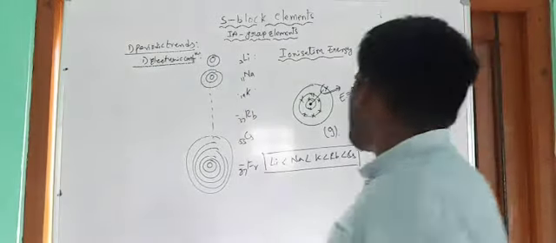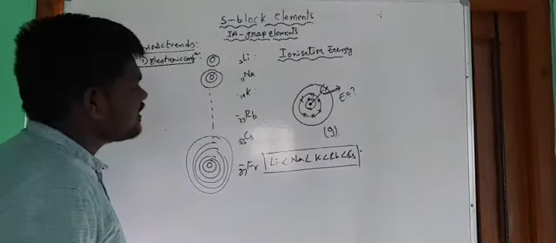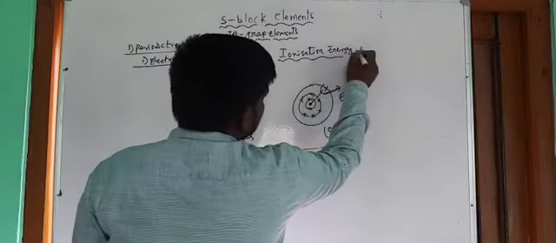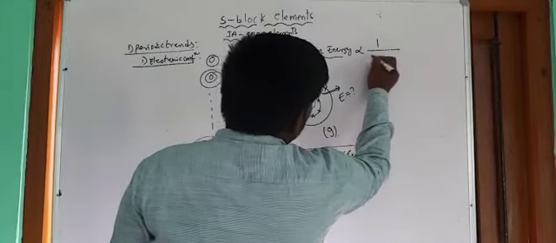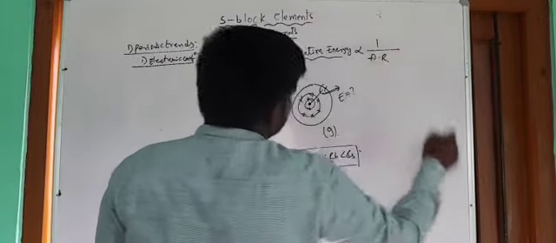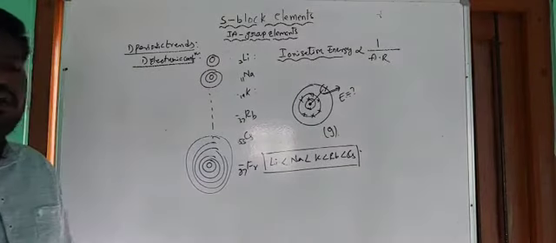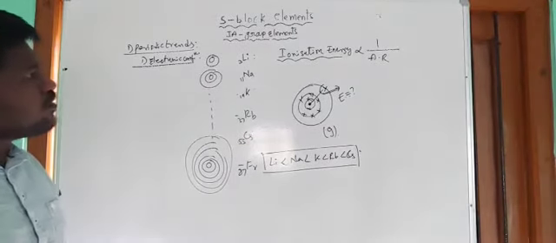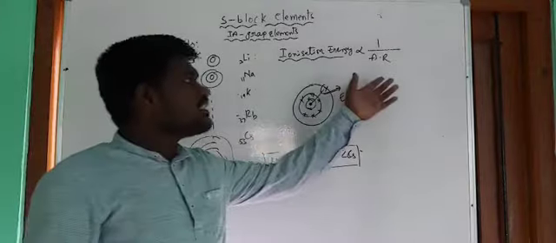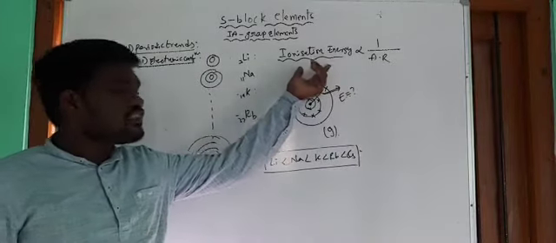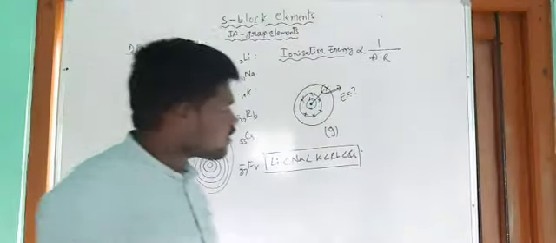Now this ionization energy is inversely proportional to the atomic radius. It means if the atomic radius increases, then its ionization energy decreases. Let me explain how.